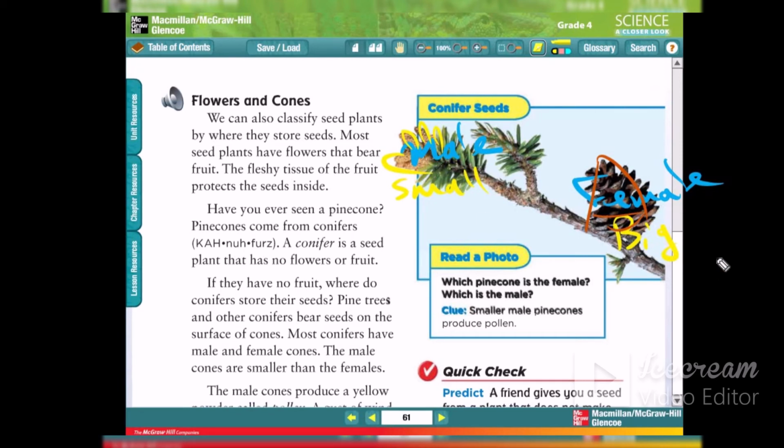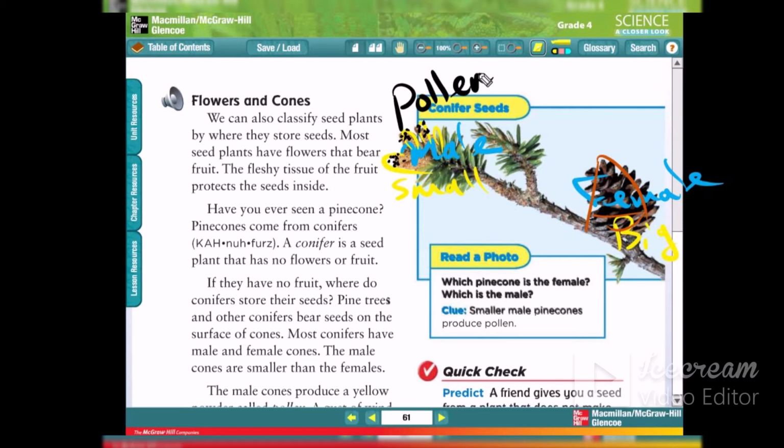And also guys, the male sex cells are called pollen. The male cone produces this powder, which is called pollen. Yeah, this pollen is the male cells. These are the cells the male uses to make new plants.